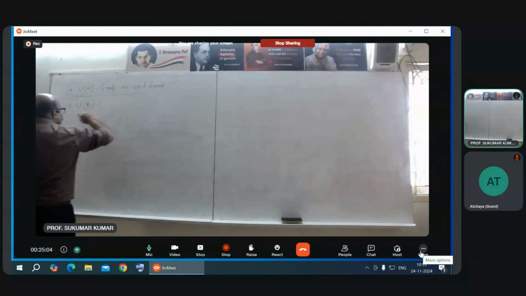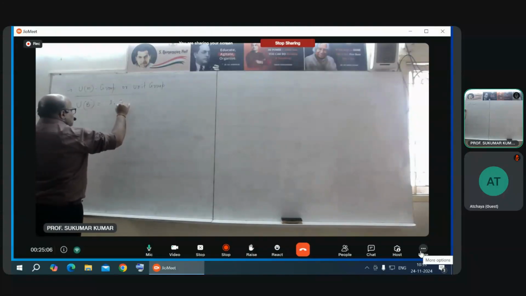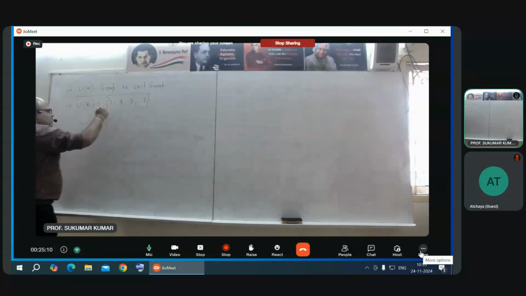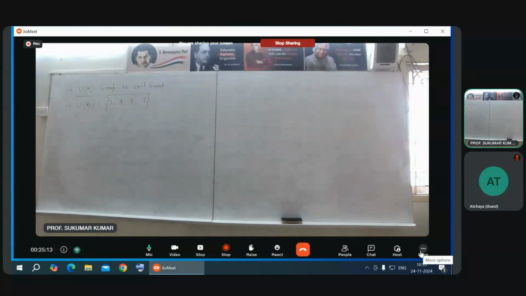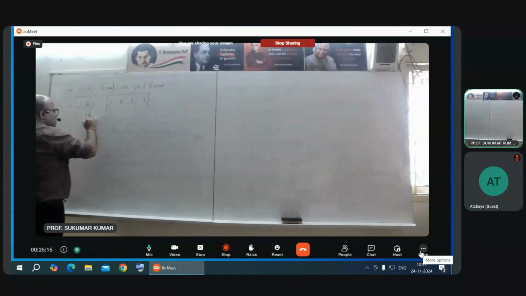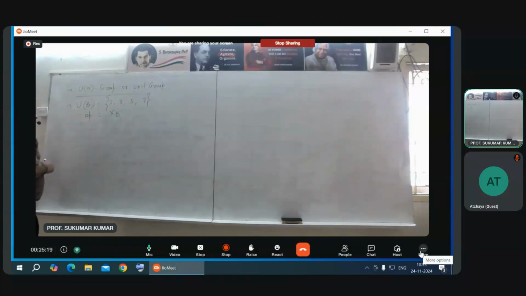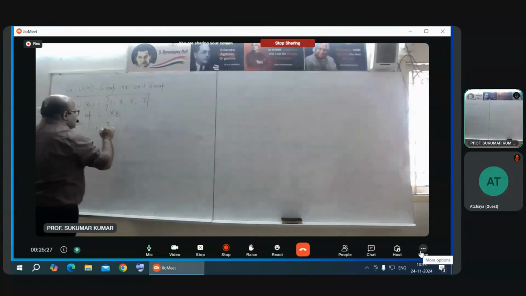U of 8. 8 means 1, 3, 5, 7, the relatively prime elements. Operation is multiplication modulo 8. We will see whether this is cyclic or not. This is abelian, but is it cyclic or not? We can find the inverse elements. 1 inverse will be 1. 3 inverse what will come?